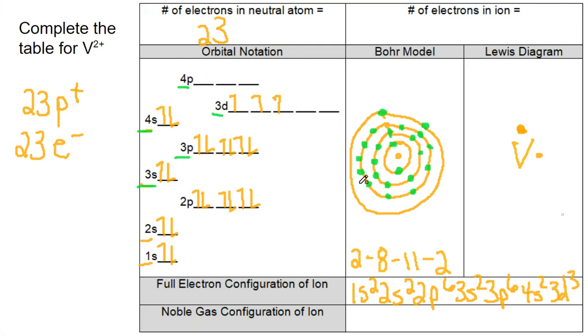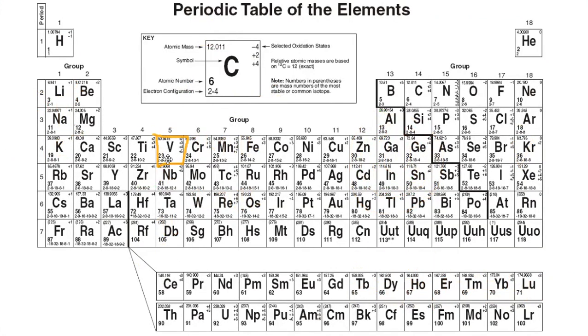And the noble gas configuration of the ion. So if we go to the periodic table, again, we're going to do this for the neutral atom first. Vanadium is element 23. The noble gas that comes just before vanadium is number 18, argon.